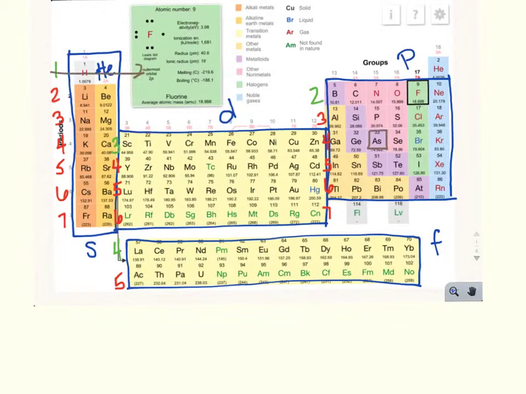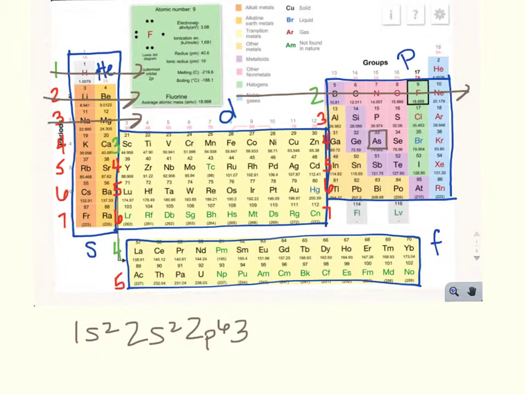Same as I've been doing, 1s2, 2s2, 2p6, 3s2, 3p6.